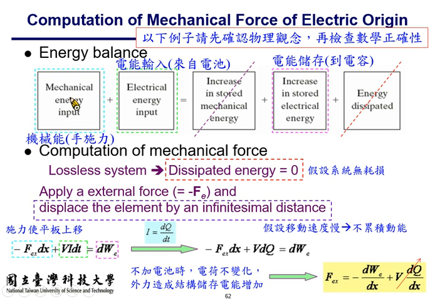The mechanical energy input, as we can see here, is done with your hands. You raise the plates up. The electrical energy input comes from the battery. If there is a battery attached, it may supply electrical energy or it can also store.